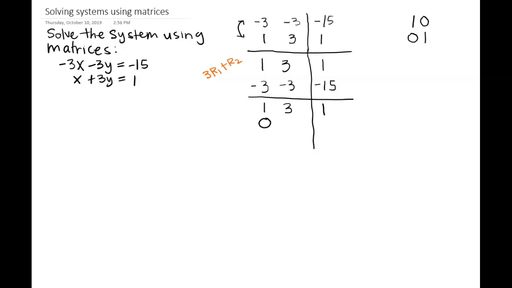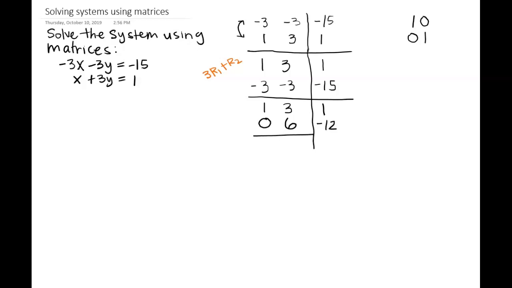Now I'm going to do 3 times 3 is 9. Minus 3 gives me 6. And then do it again. Don't forget about this last one. 3 times 1 is 3. Minus 15 gives me -12.